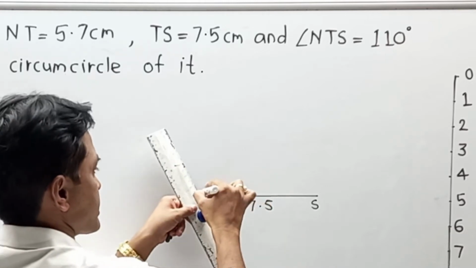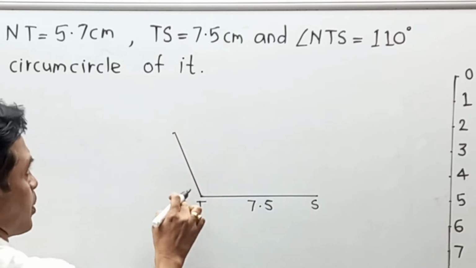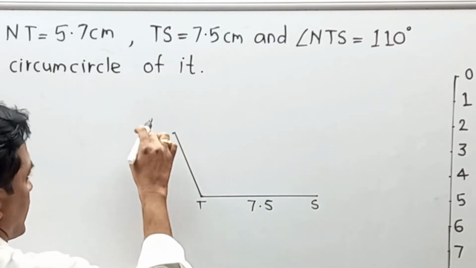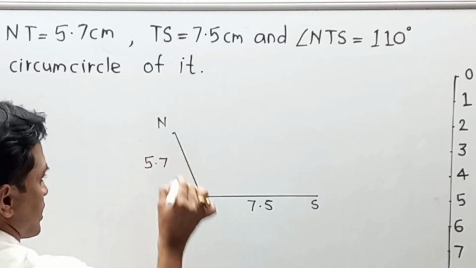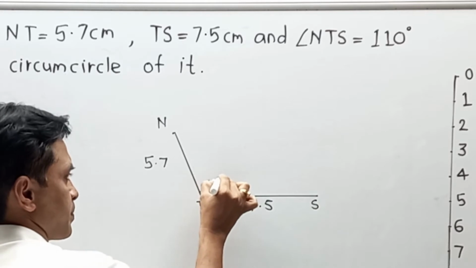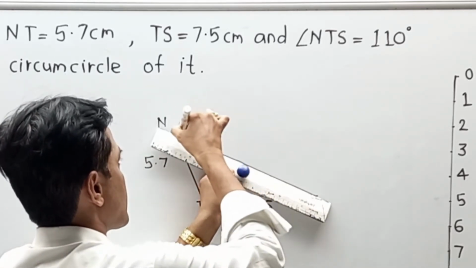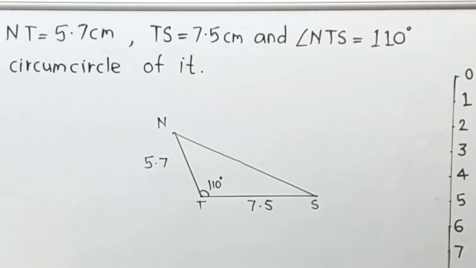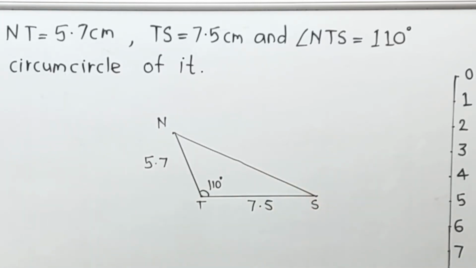Next, from T to N, this is 5.7 centimeter, and definitely this angle T is 110 degree. Now I am going to join NS. Student, remember this is a rough diagram that I have drawn over here. After that, with the proper scale, I am going to draw the main diagram.